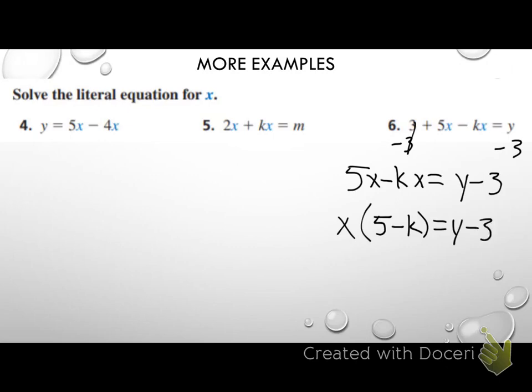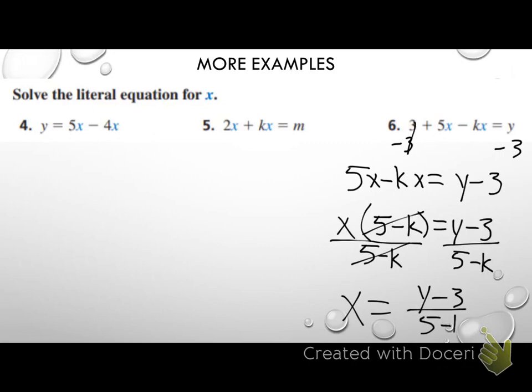So I get x times 5 minus k equals y minus 3. Almost there. How would I get x by itself now? Divide by 5 minus k. There's my answer.